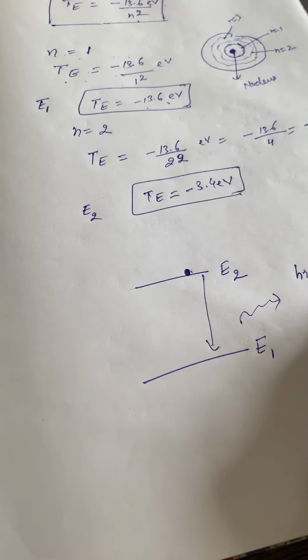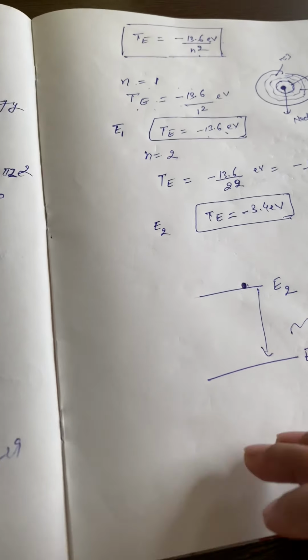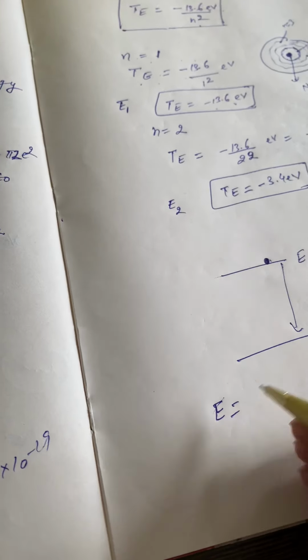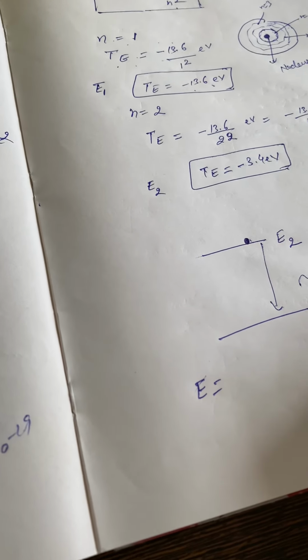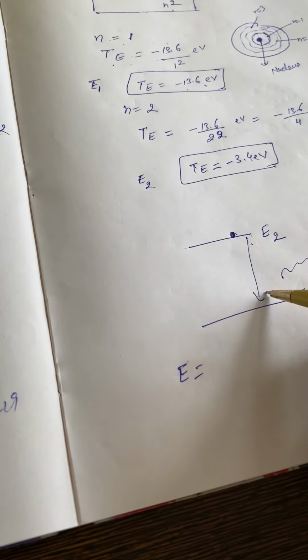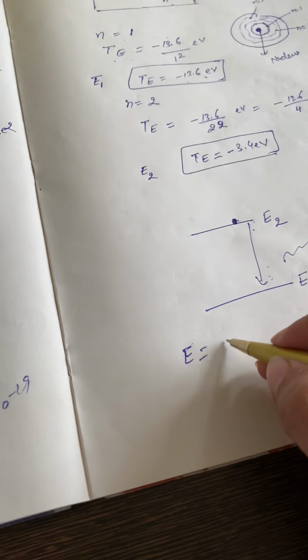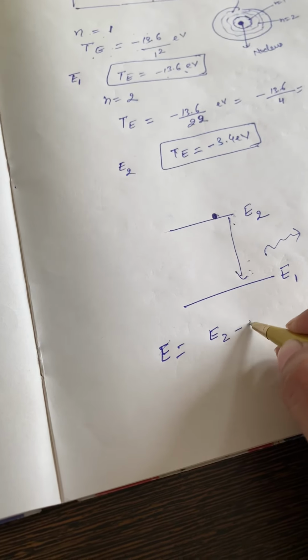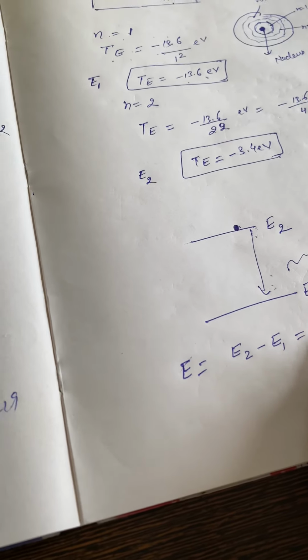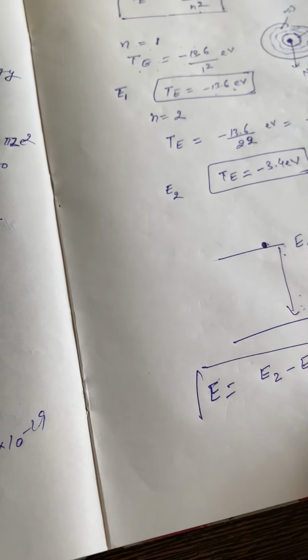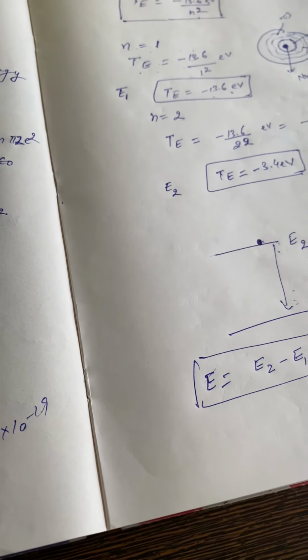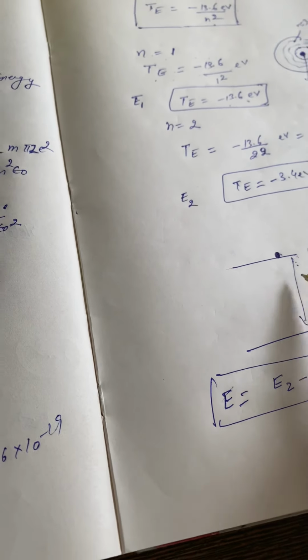So the emitted photon has energy equivalent to the difference between the two energy levels, that is E2 minus E1 equal to h nu. This is the energy of the photon emitted if a transition occurs between these two energy states.